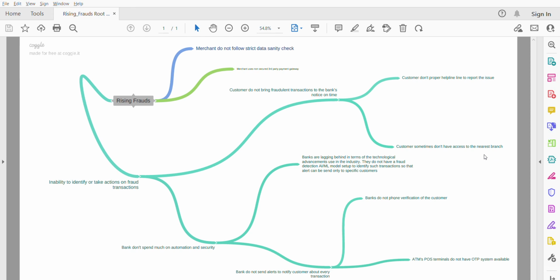Then I checked the amount and plotted the graph for the amount range to see which amount has the maximum transactions. The same I plotted for the customer age group. Here I can see that the maximum transactions are by people aged 50 and above.